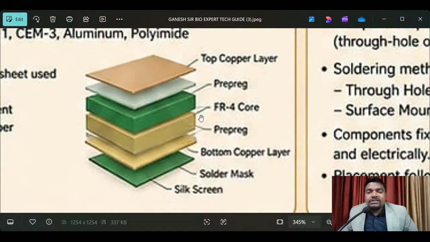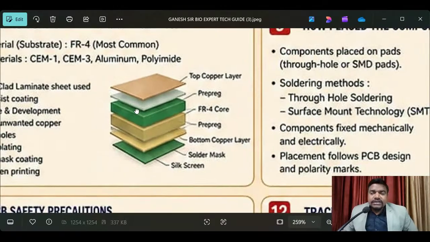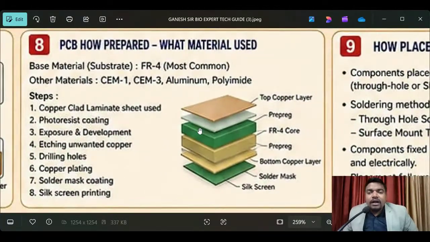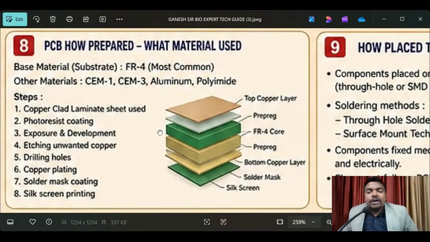See here, aramid is also available, then the bottom copper layer, solder mask and silk screen. So these are the materials used in preparing a PCB. Stepwise, if I show you, you will come to know the materials.